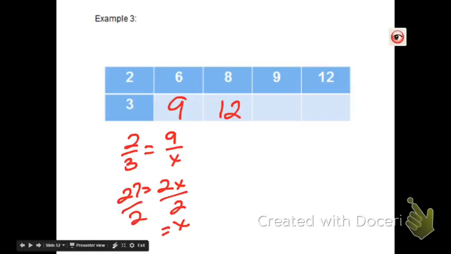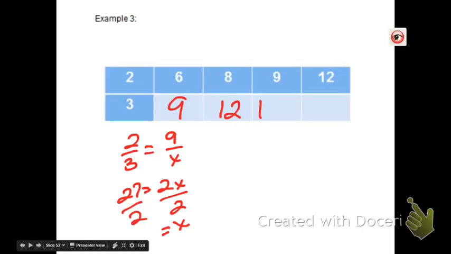How many people got this far? Got 2x equals 27. Divide each side by 2. So what is x equal to? 9. It is? No. 2 goes into 27 how many times? 13. Use a calculator. 13.5. I said that. 13 and a half. All correct. 13.5.